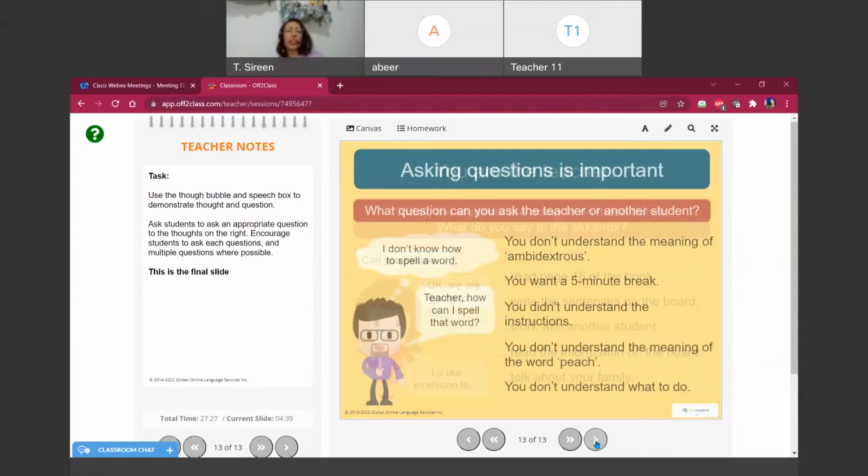Now, asking questions is important. What questions can you ask the teacher or another student? For example, I don't know how to spell a word. Teacher, how can I spell that word?